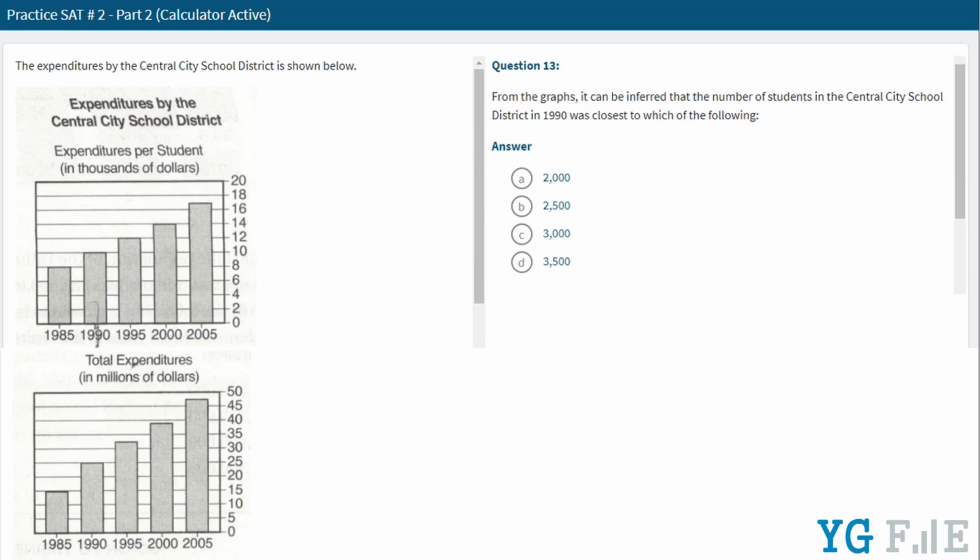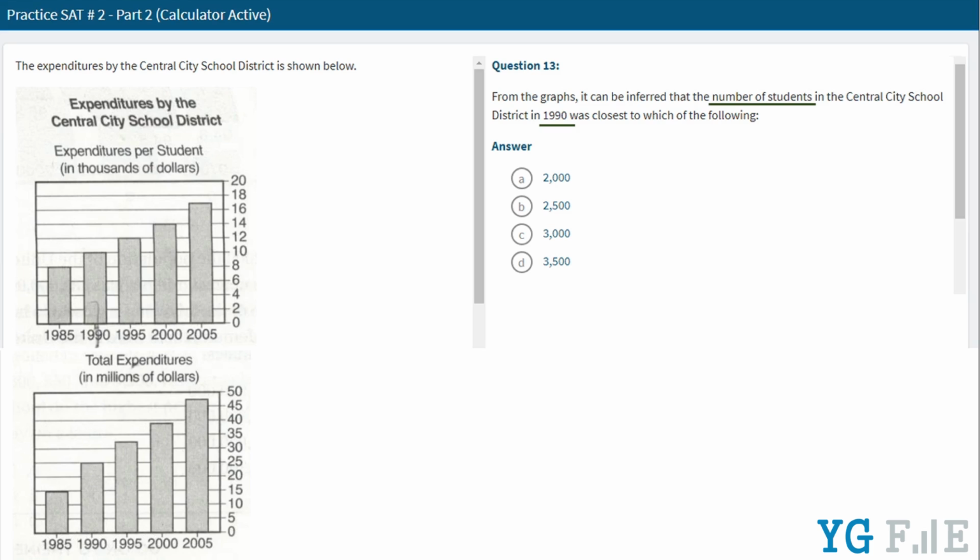From the graphs, it can be inferred that the number of students in the Central City School District in 1990 was closest to which of the following? In this problem, we are asked to calculate the number of students in 1990 using the information from the graphs. In the first graph, we have the expenditures for one student, while in the second graph, we have the total expenditures of the Central City School District for every 5 years.